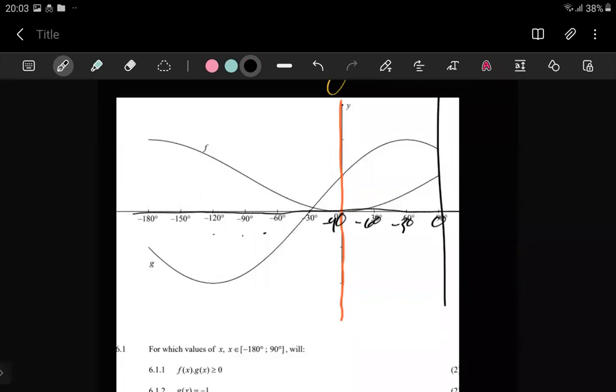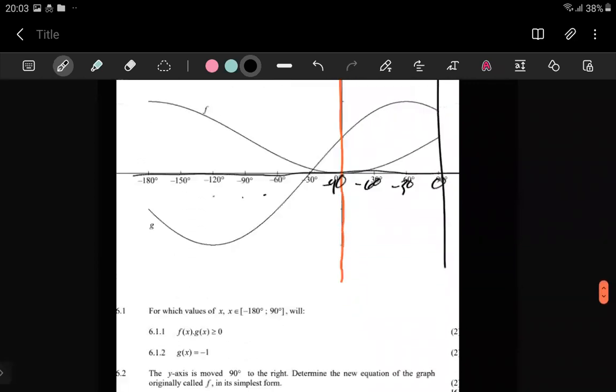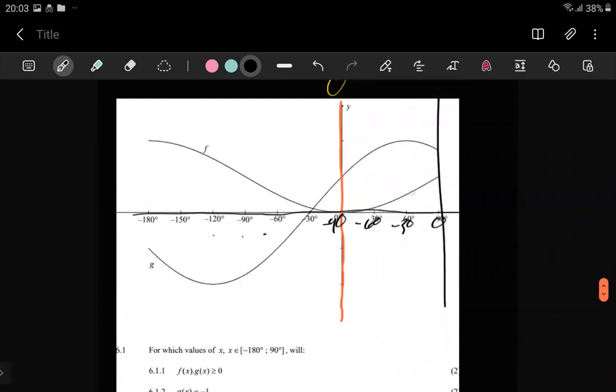Yes. Because if the y-axis moves, it moves with the numbers there. So the idea is, if that's the image, for us to have an image like that, logically speaking, our original graph of f, the f image that we're seeing here, if you're going to have 0 here, -30, -60, and -90 like that, it means that the graph of f would need to move 90 degrees to the left.